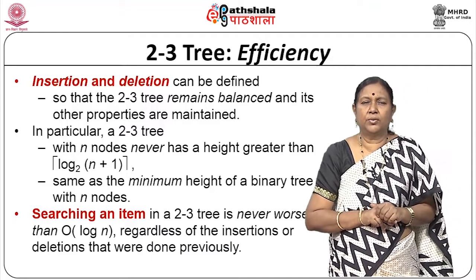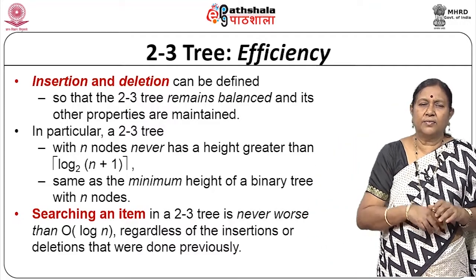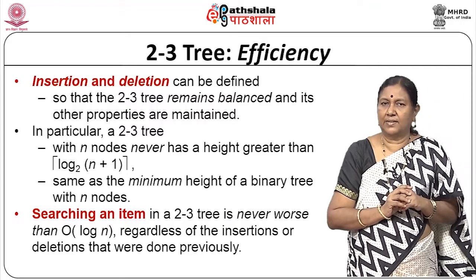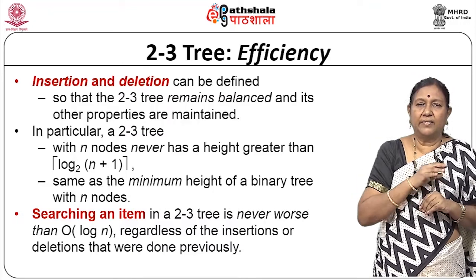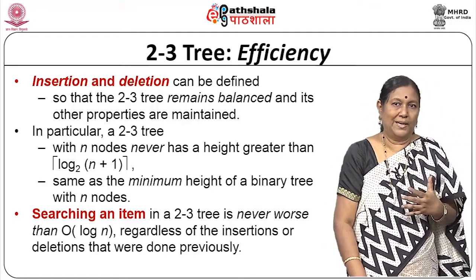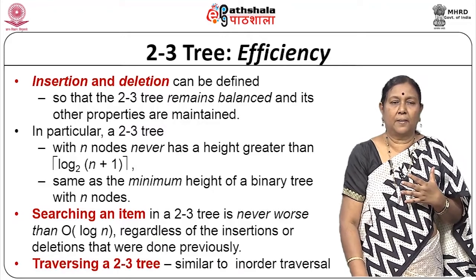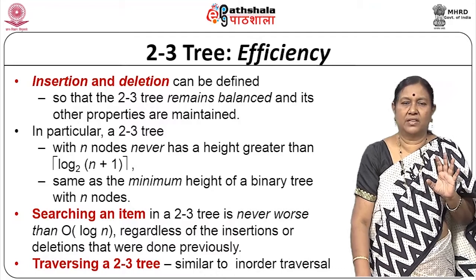Searching an item in a 2-3 tree is never worse than of the order of log n, regardless of the insertions and deletions that were done previously. Whatever the situation, the worst-case time complexity never exceeds the order of log n. Traversing a 2-3 tree is similar to the in-order traversal, no difference.